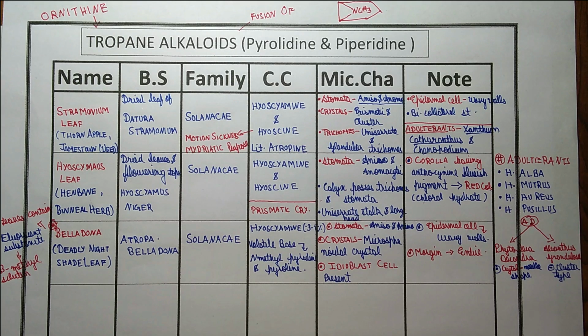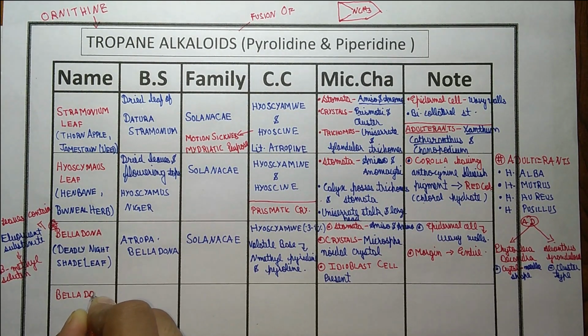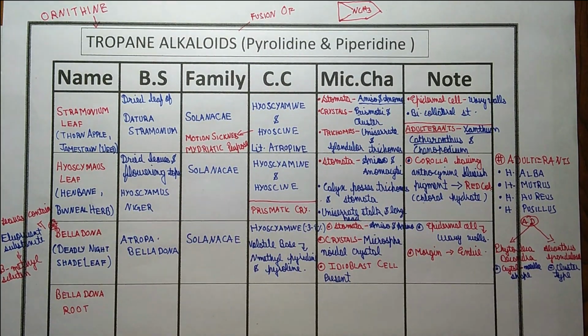So the next one is Belladonna root. It is the same, Atropa belladonna. Family is Solanaceae.